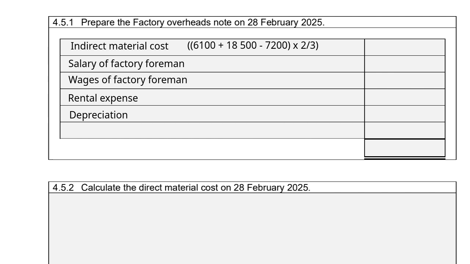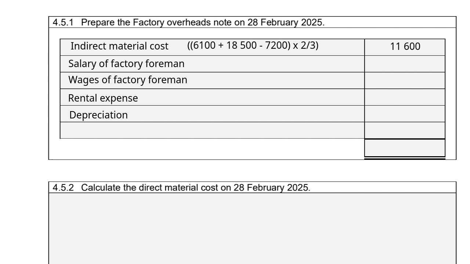We purchased 18,500 Rand, and then our closing balance, which we made a minus, is 7,200. And then we times that figure by 2/3 because 2/3 goes to the factory overheads. If we do the calculation, 11,600 Rand will then be your indirect material cost.